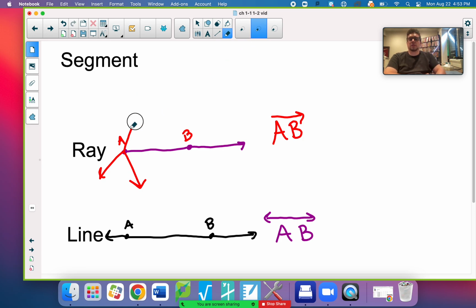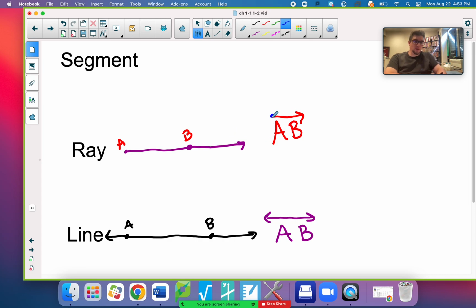It is important to note that how you label the letters for a ray matters. This tells the reader that the endpoint is at A and the ray extends through B. If I had it going the other way, here's B, here's A, and our ray went this way, we would call this ray BA.